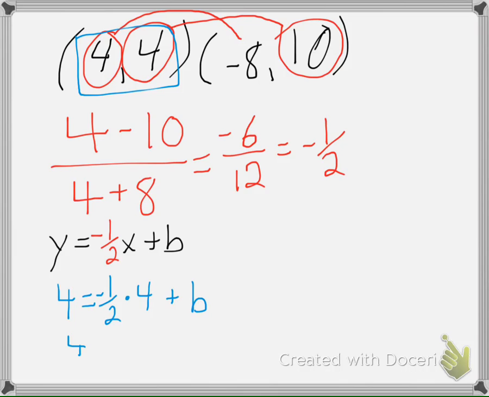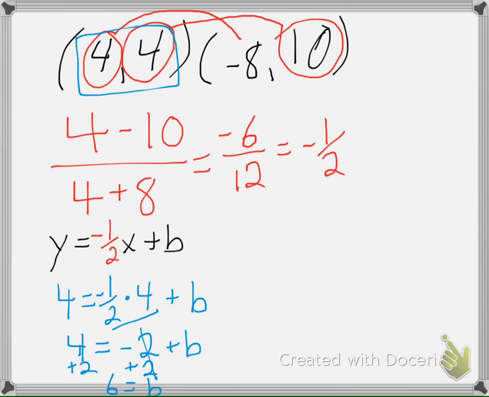So 4 equals negative 1/2 times 4. Half of 4 is 2, and of course it's going to be negative 2 plus b. Now to find out what b is, I have to solve, so I need to get rid of the negative 2 by adding 2 to both sides. So 4 plus 2 gives me 6. On this side it goes away, so I get 6 equals b.